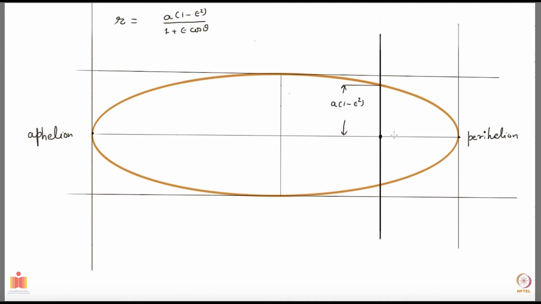Okay, this is the closest distance, and this is A times 1 minus epsilon, and from the center of the ellipse to the focus is A times epsilon. Let me denote that also by these.